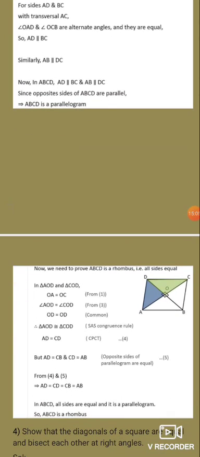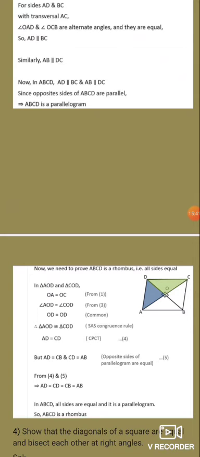Now we need to prove what it is, a rhombus. First we proved that it is a parallelogram. Now to prove that it is a rhombus, consider the triangles AOD and COD. OA equal to OC, diagonals bisect each other. Then angle AOD equal to angle COD, 90 degrees. OD equal to OD, common side. So those two triangles are congruent using SAS congruence rule.